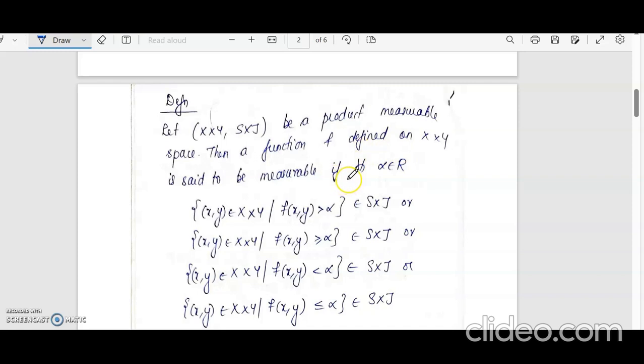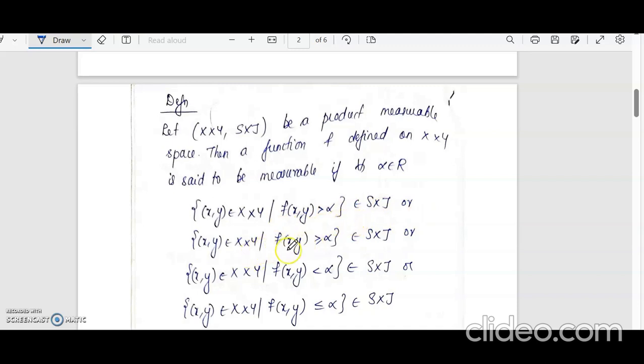Now we say that it is measurable if for all alpha belongs to R, again the conditions are similar, the inverse images, the set of all xy such that f of xy greater than alpha, that must be S cross J measurable. So this must belong to S cross J, then we say that the function f is measurable.